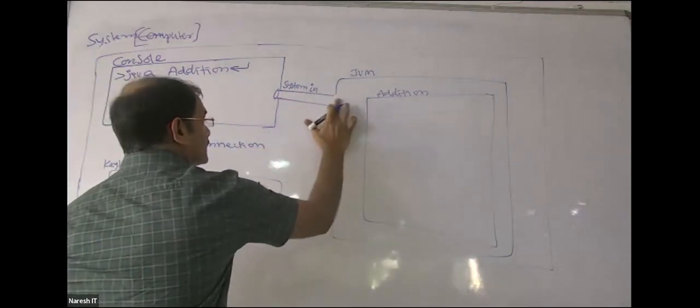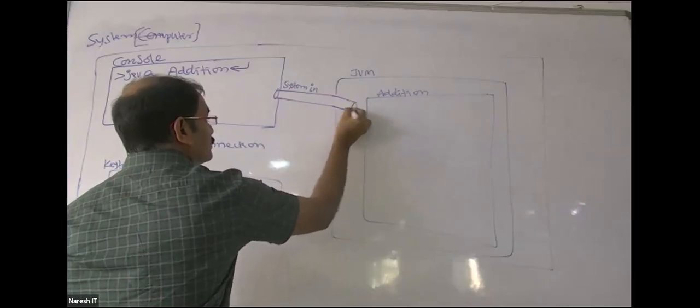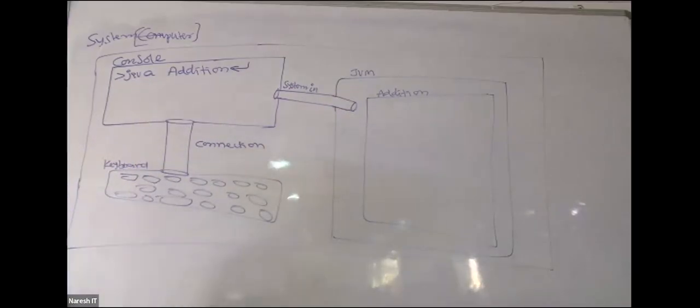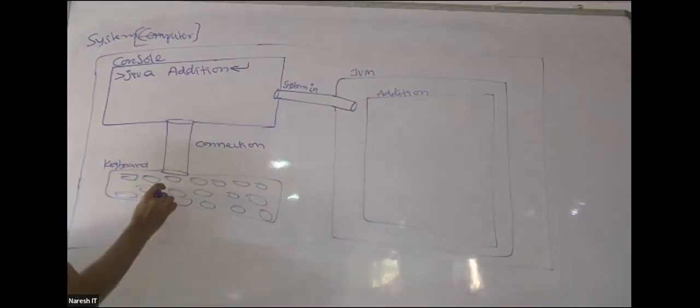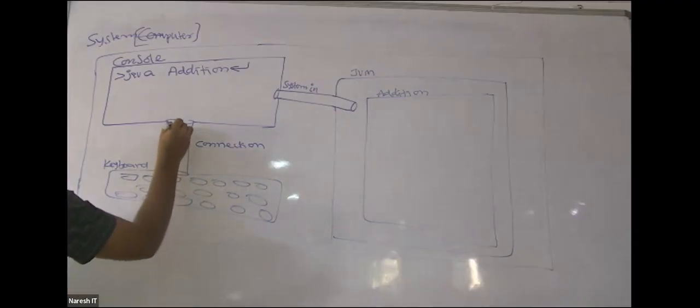Now, this connection is opened by whom? The JVM. The moment the JVM starts, the connection is automatically opened. Then what do you want to do? You want to read the data from the console, from the keyboard. Whatever keys I press here, that key data will be given to this connection.